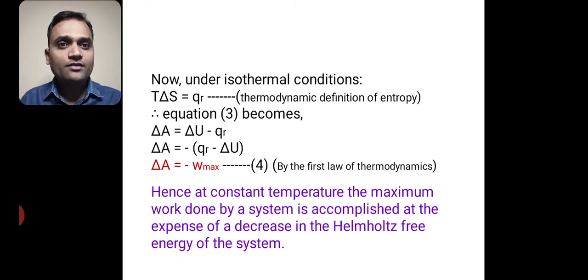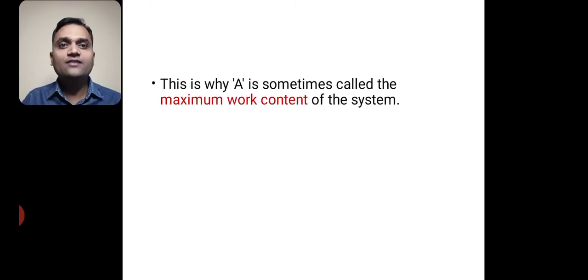Therefore A is sometimes called the maximum work content of the system, and this is the property of A, Helmholtz free energy, as it gives us the maximum work content of the system.